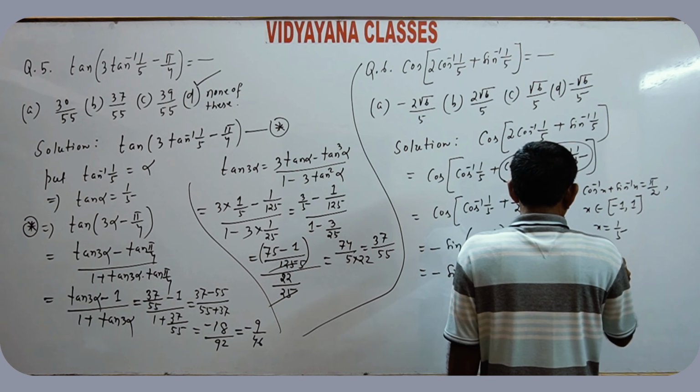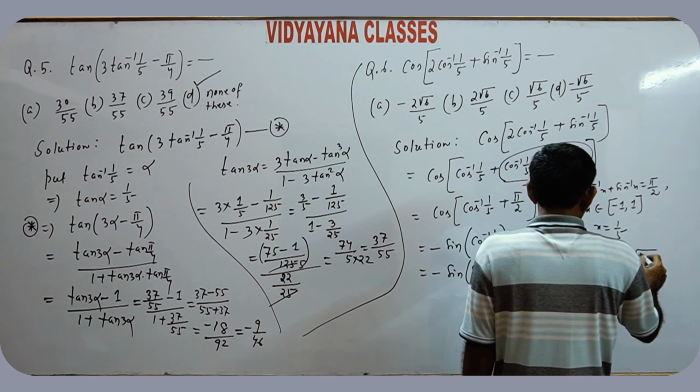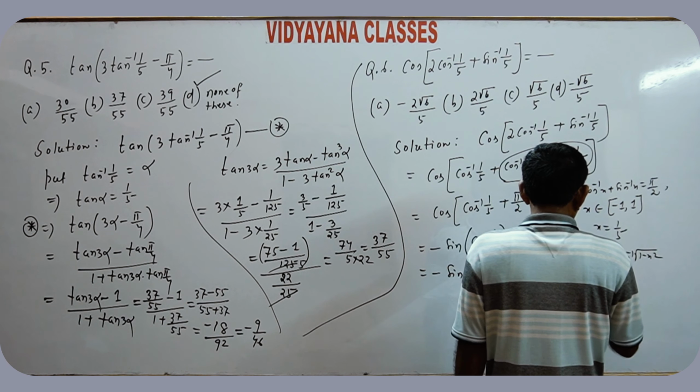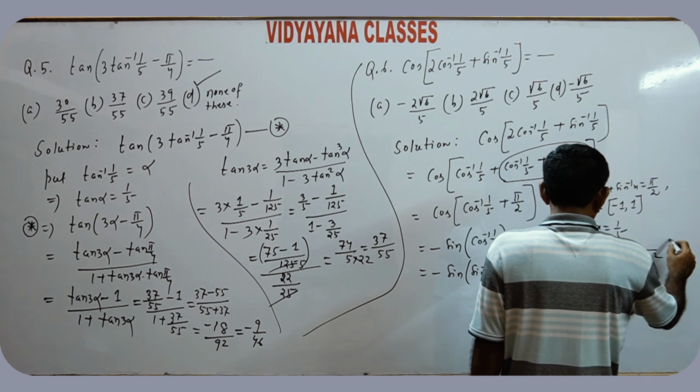Cos inverse x is equal to sin inverse of root of (1 minus x square) if x is greater than or equal to 0 and less than or equal to 1.